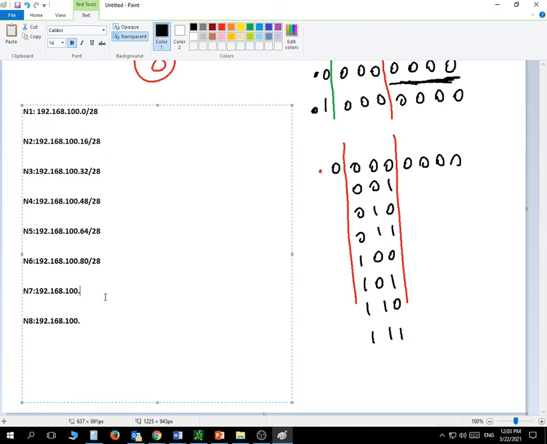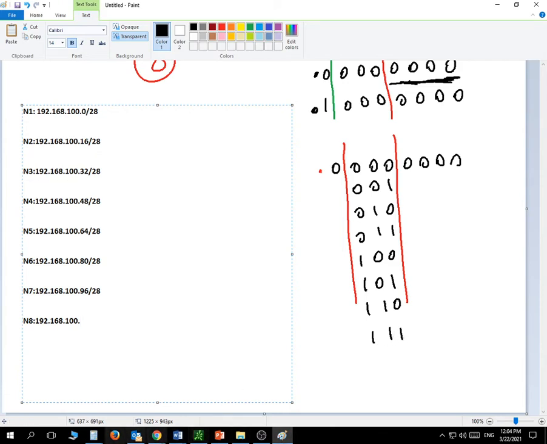And now this is going to be 96/28. 96 basically is this one, because 64 plus 32 is 96. And then finally, we have those three together.